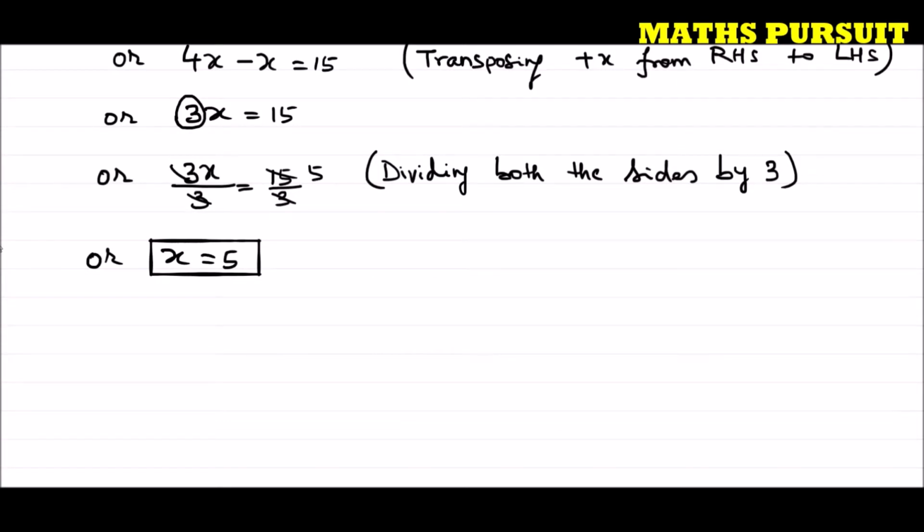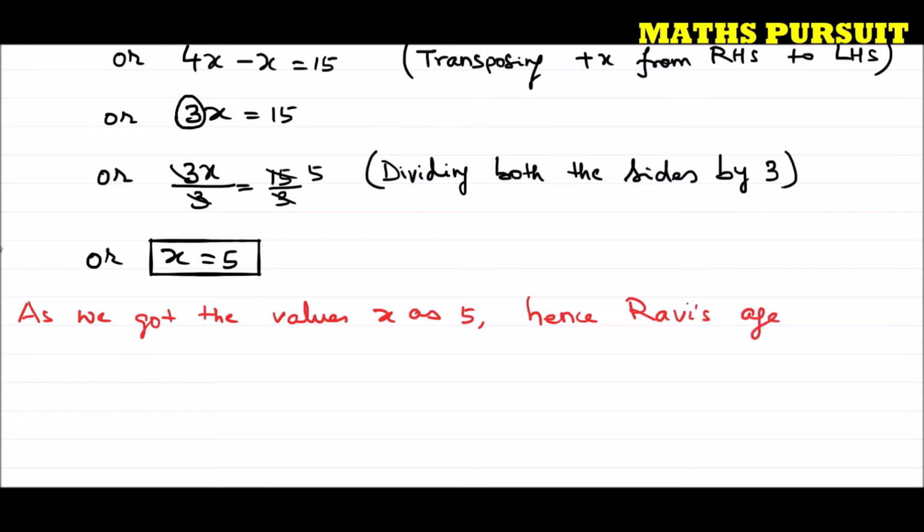Hence we got the value of x as 5. Hence Ravi's present age is 5 years. Hope guys you understood this.